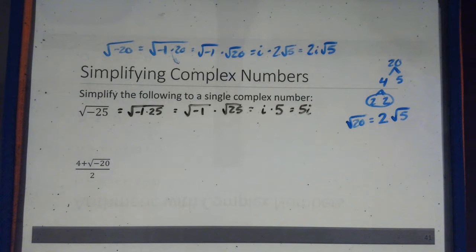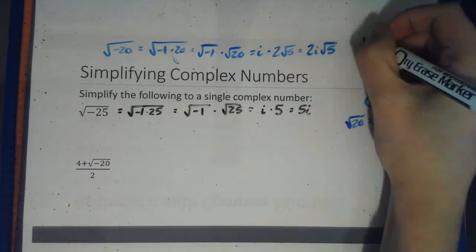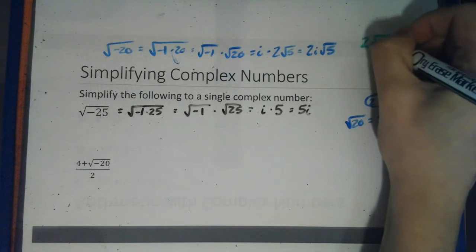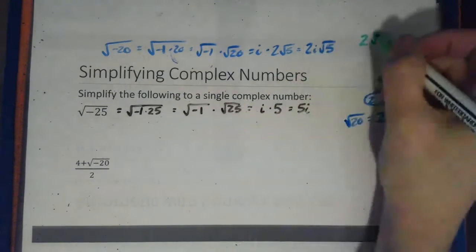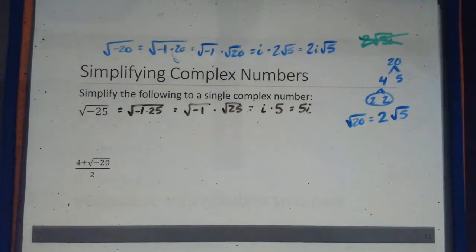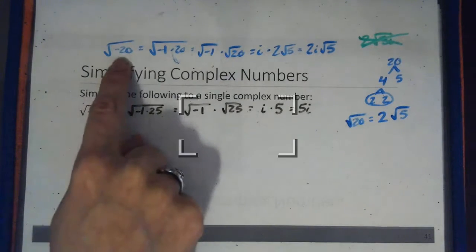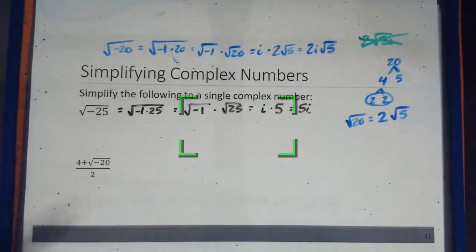But when it comes to a term that also has a square root in it, we're going to put the square root last so we don't run into the issue of something like this. If we wrote it as 2 times the square root of 5i, it's hard to tell if the i is under the square root or not, so we write it out front so we don't have that issue. So we're going to rewrite the square root of -20 as 2i times the square root of 5.